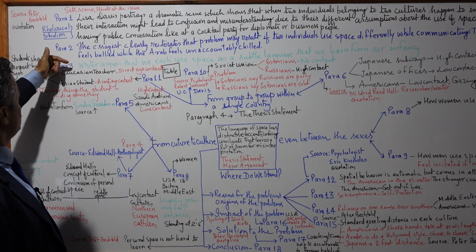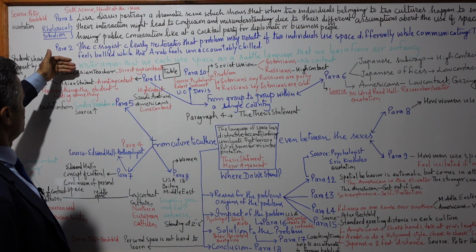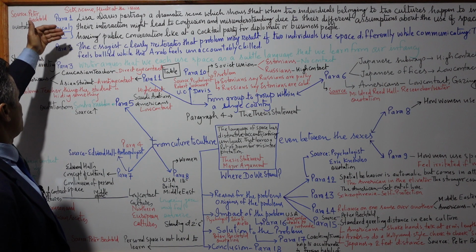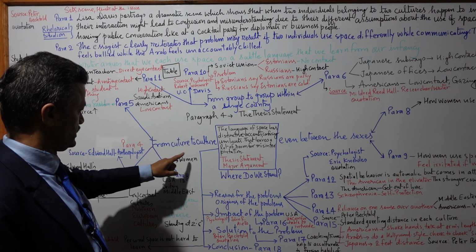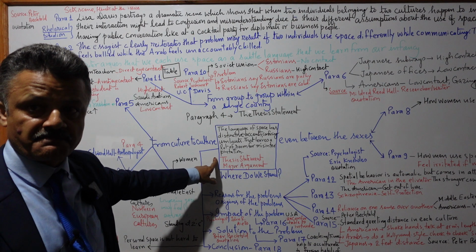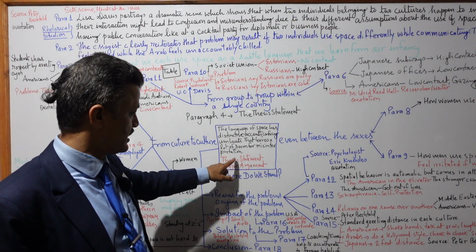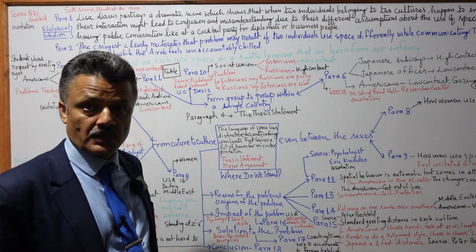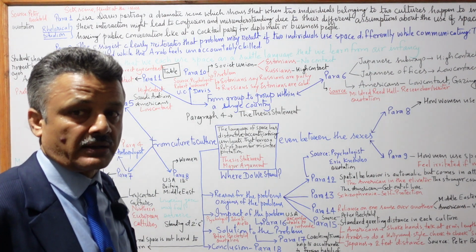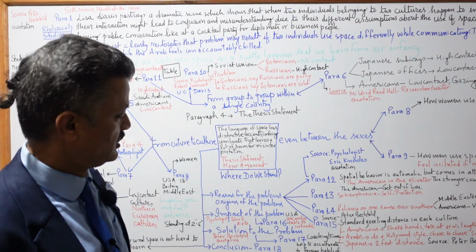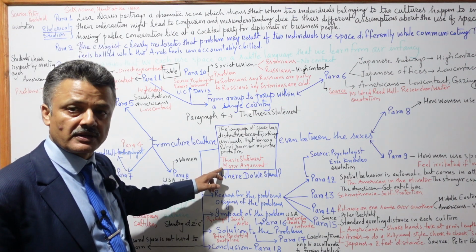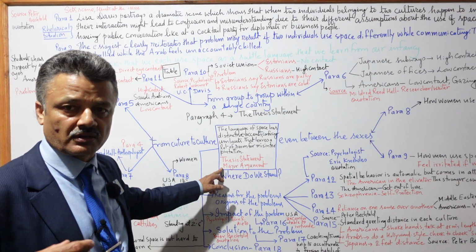Then, after setting the context and introduction in paragraphs 1, 2, and 3, if you go to paragraph 4, Lisa Davis presents the thesis statement. A thesis statement, as we have been discussing, is the central idea of the essay. This is the major argument where the writer makes a central claim.